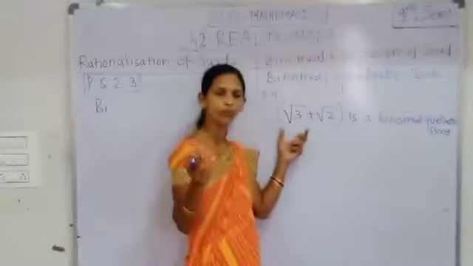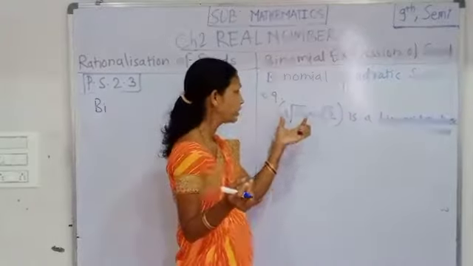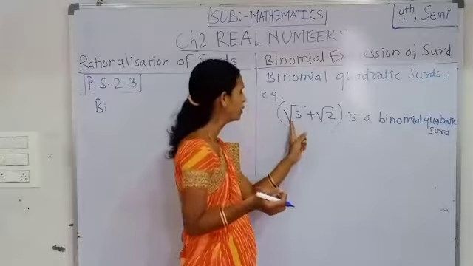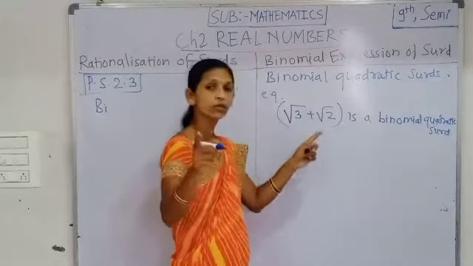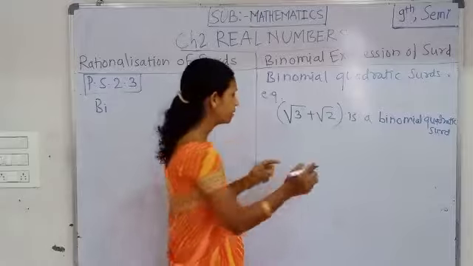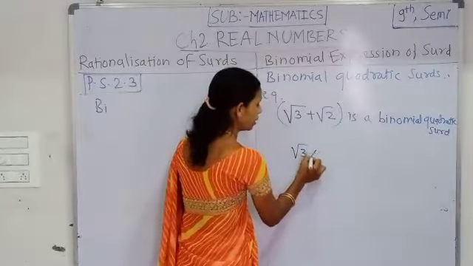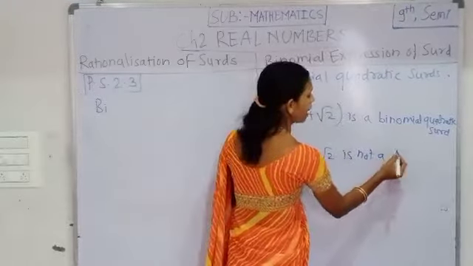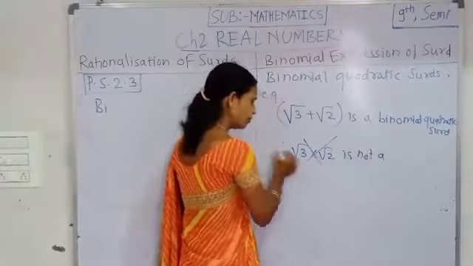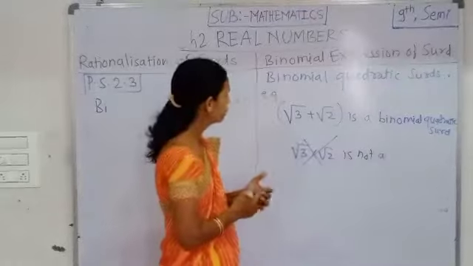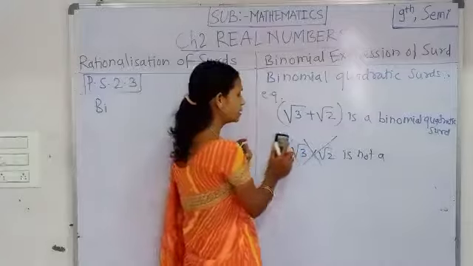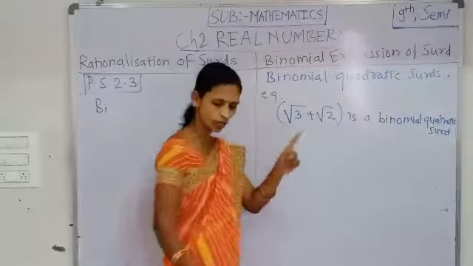In the examples of polynomials, there are two terms like that. Here two terms are there, root 3 plus root 2, and between the two terms a plus or minus sign should be there. Then root 3 into root 2 is not a binomial surd. If there is a plus or minus sign between two terms of quadratic surds, then it is a binomial quadratic surd.